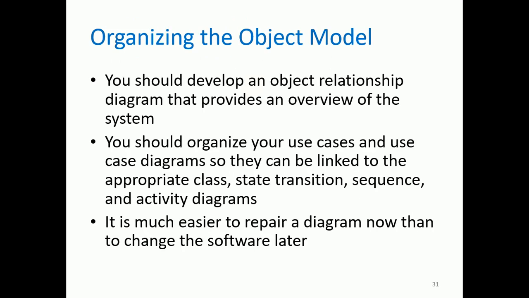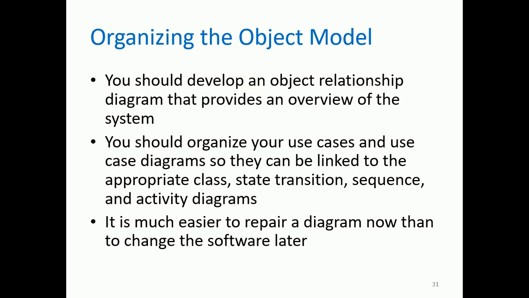For organizing the object model, you should develop an object relationship diagram that provides an overview of the system. You should organize your use cases and use case diagrams so they can be linked to the appropriate class, state transition, sequence, and activity diagrams. It is much easier to repair a diagram now than to change the software later.